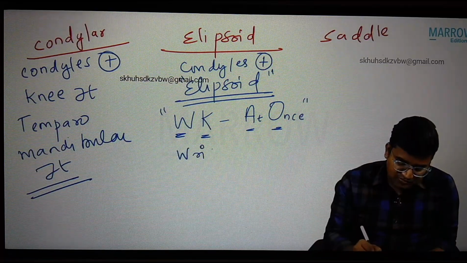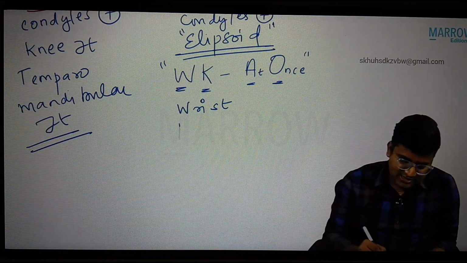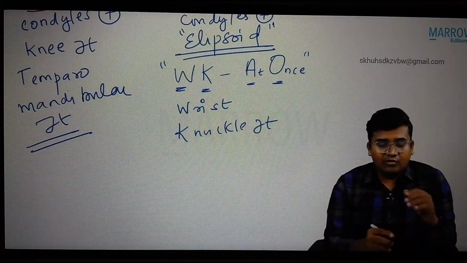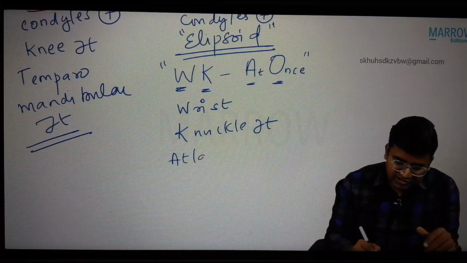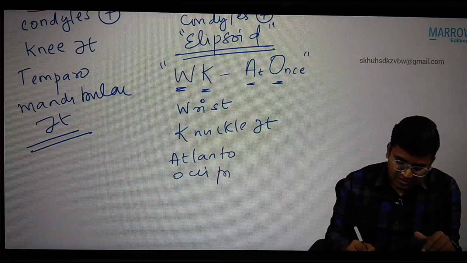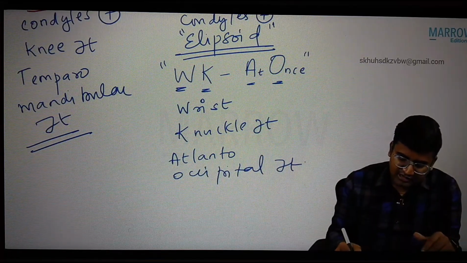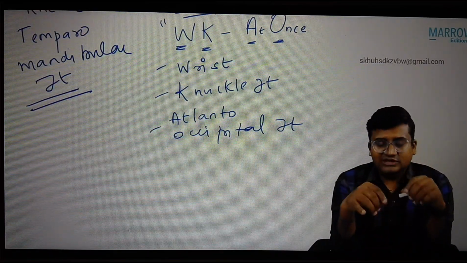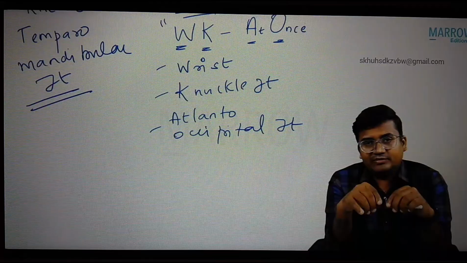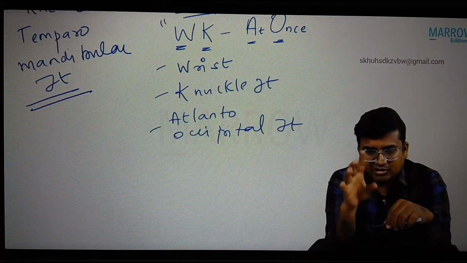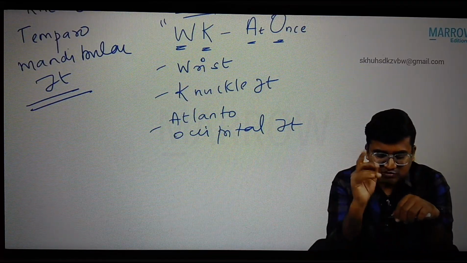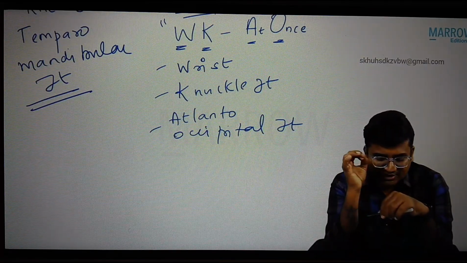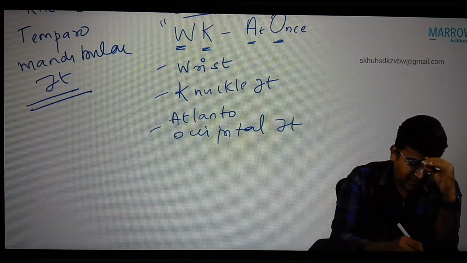So W is the wrist joint, K knuckle joint, AO atlanto-occipital joint. So wrist joint, knuckle joint and the atlanto-occipital joint. These three joints are our ellipsoid type. Wicket at once.